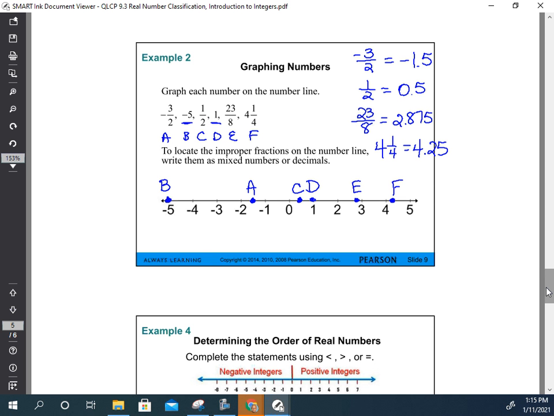So if you're plotting numbers on a graph, if they're whole numbers, throw them on the graph. If they're fractions, make them decimals. Any problems with graphing?